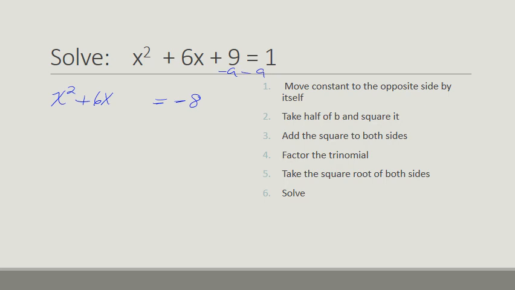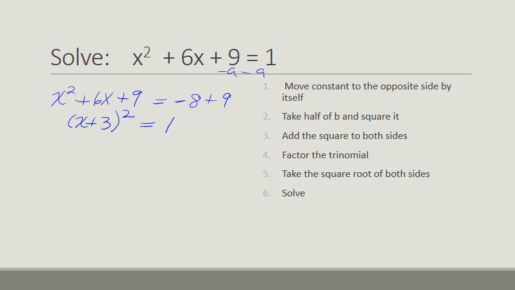If I take half of 6, that's 3, and I square that, it's 9. So plus 9, plus 9. So half of 6 is 3, 3 squared is 9, and I'm going to add it to both sides. This side factors to x plus 3 squared equals 1.